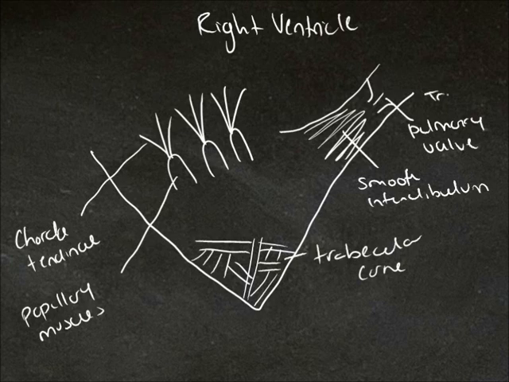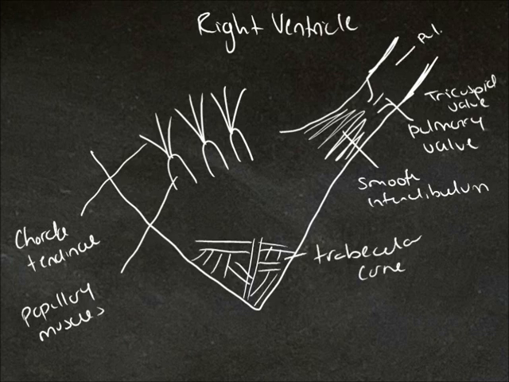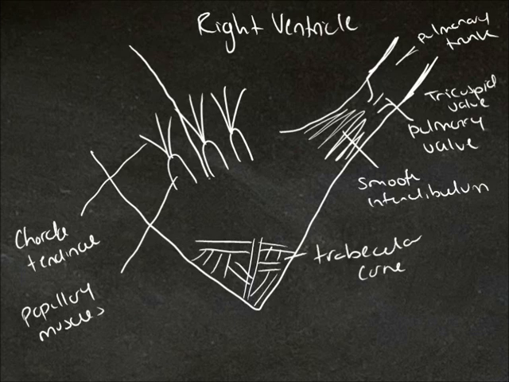Again, this is another tricuspid valve. Coming up here, you have the pulmonary trunk. So the blood is coming from the right atrium through that tricuspid valve into the right ventricle, then back out through the pulmonary valve into the pulmonary trunk.